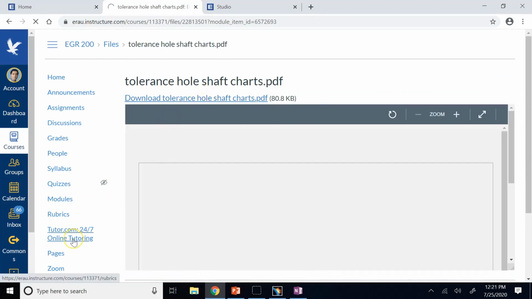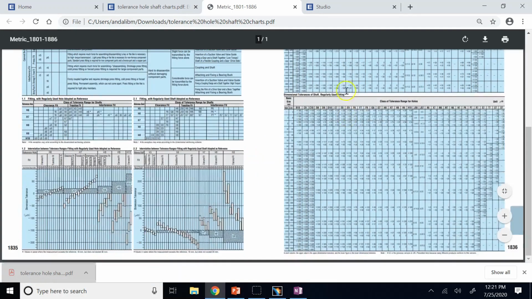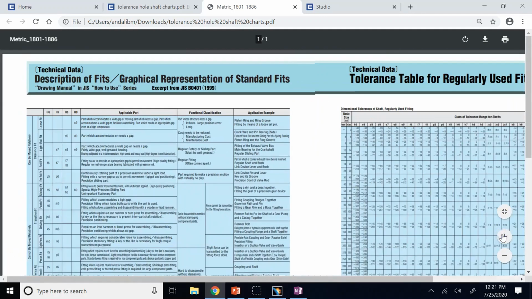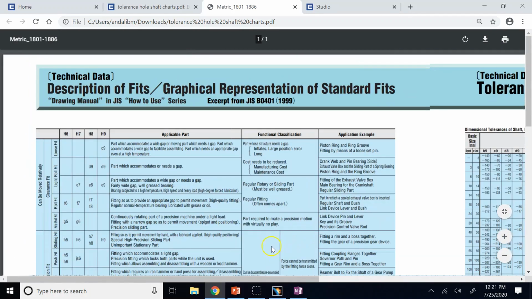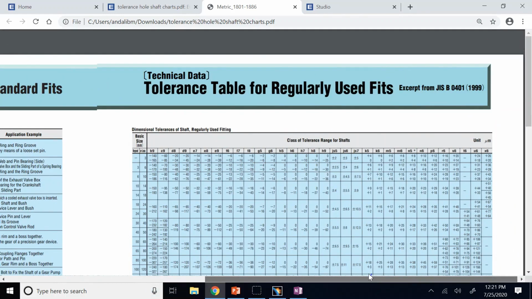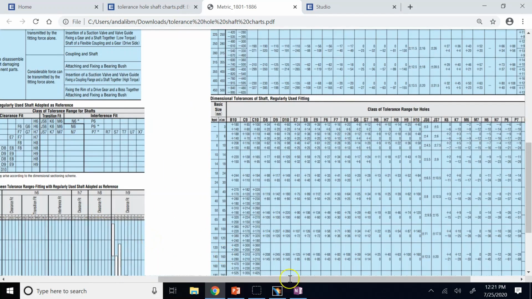Okay, and here you have more than just the 4 classes RC1 to 4. So if you can see here, I have all sorts of different classes. Based on whether it's a shaft-based system or a hole-based system, there are all sorts of different classes.